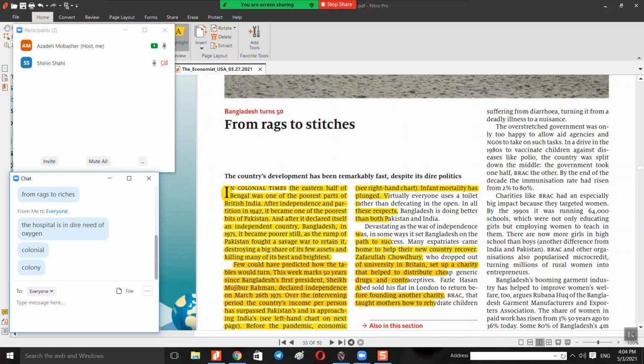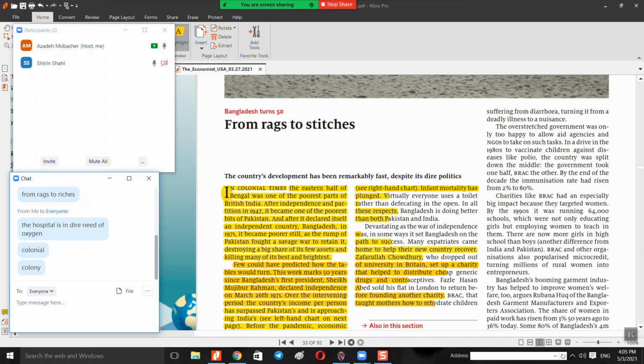A colonial country is a country which is a colony, governed by the administration of another country. Like India. India used to be a colony of Great Britain. Colony means مستعمره. Colonial is the adjective.